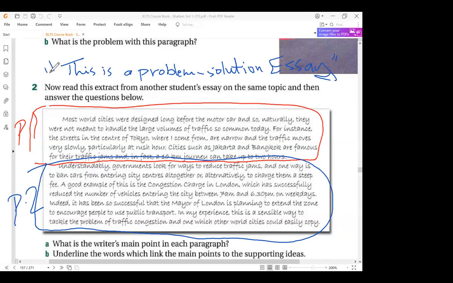Okay. This is a problem solution essay. Now, in the introduction, we say it introduces the problem plus its implications.